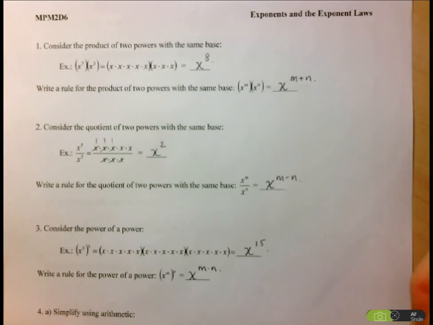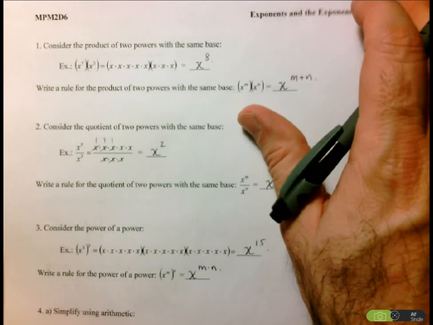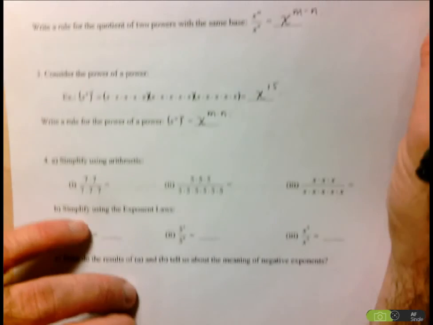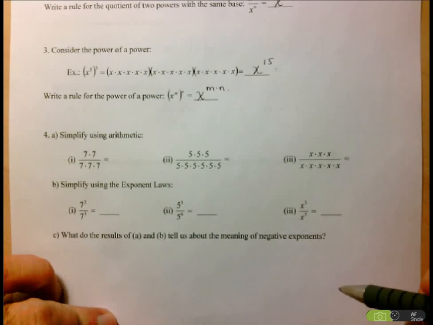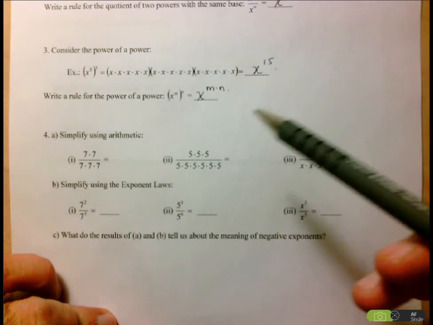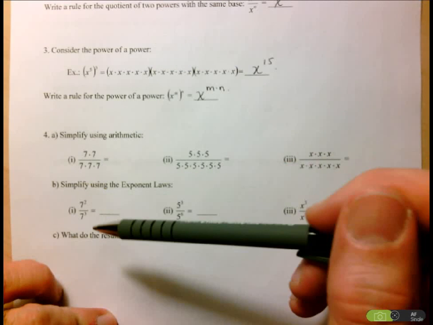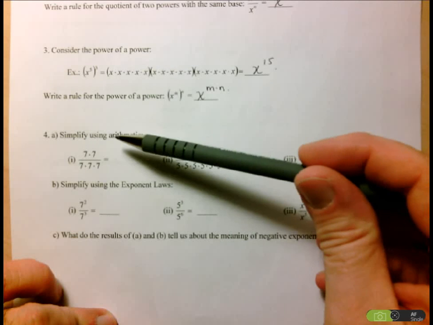In the next few investigations that we'll look at in the next videos, I want you to look at negative exponents to start. What does it mean to take the negative exponent of a number? So just to give you an idea on how you should do this, do this before you take a look at the next video. I'm asking you to solve these problems in two ways. In the first one here, I'm asking you to use arithmetic.